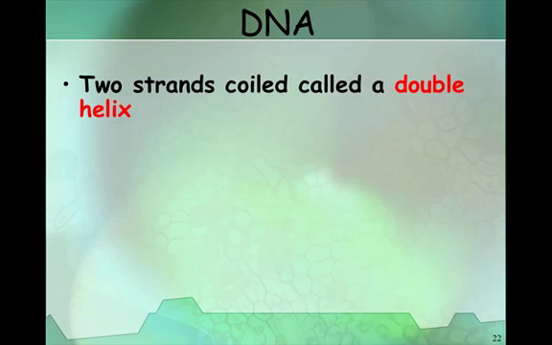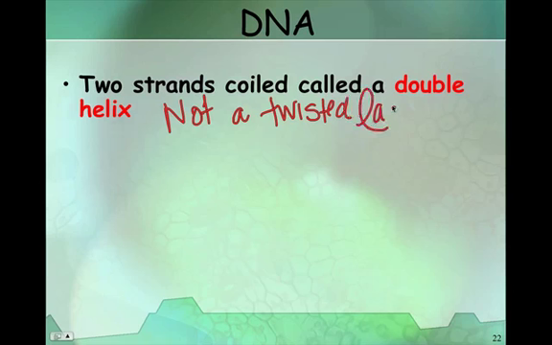So, DNA is two strands coiled together, and it's called a double helix. It is not a twisted ladder. If you use the term twisted ladder on any of your worksheets or any of your tests, I will mark that answer wrong.